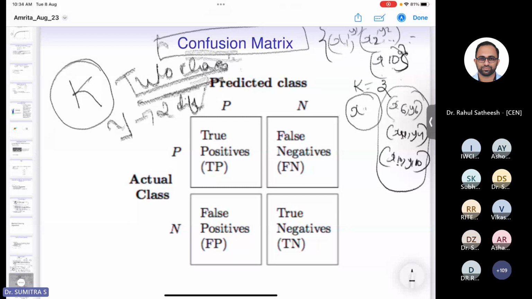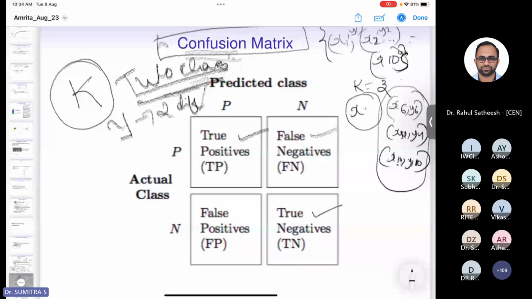There are terminologies called true positives, false negatives, false positives, and true negatives. These are introduced to check the performance of the models, and using that performance we can choose the best hyperparameter.